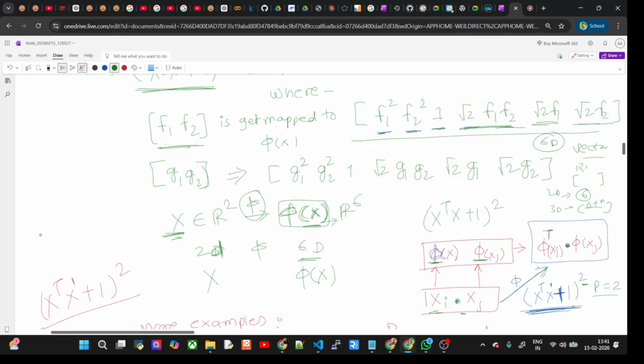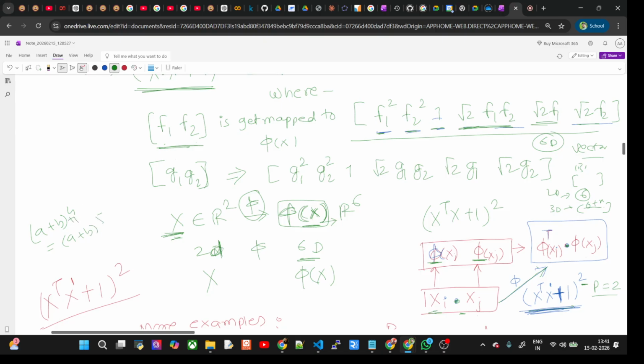What you need to do is the same way, a plus b raised to 4, that you need to calculate. Okay, a plus b raised to 5, plus 1 raised to 4 here. Plus 1, because our function is x transpose x plus 1 raised to 2, raised to 3, raised to 4, raised to 5, raised to 6, something like that. Once you increase that, the dimensions will also increase.